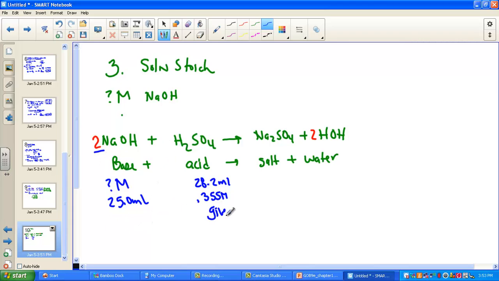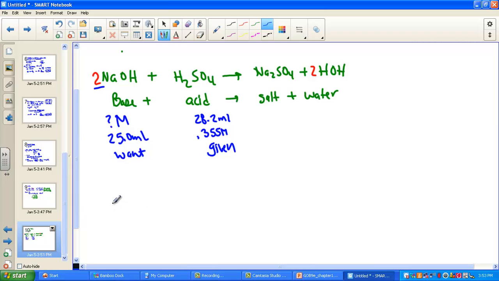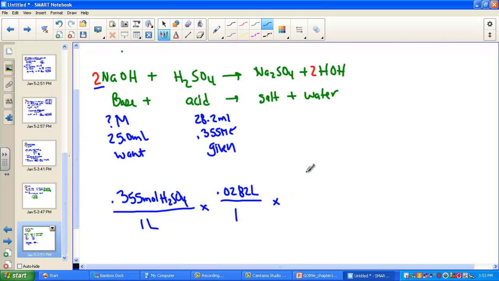So here's our given, and we work to what we want in our journey of stoichiometry. Start with the given. We know that 0.355 moles of acid are contained in every liter of solution, the very definition of molarity, moles per liter. If I multiply that by the volume in liters, I get the liters to cancel and I have the moles.